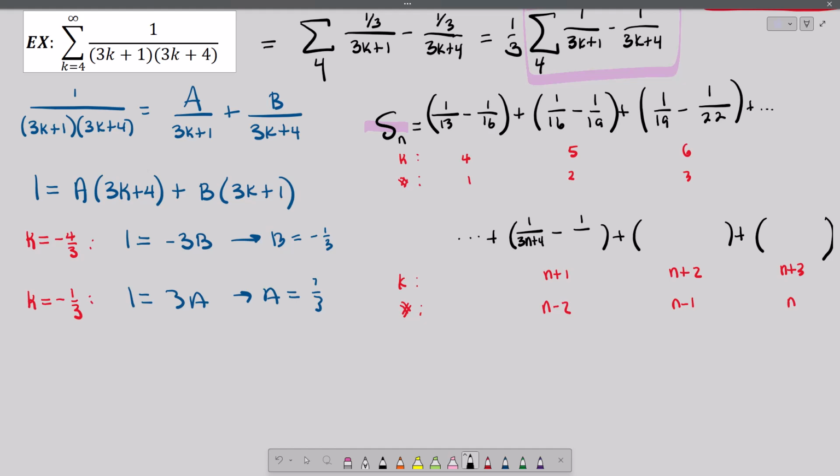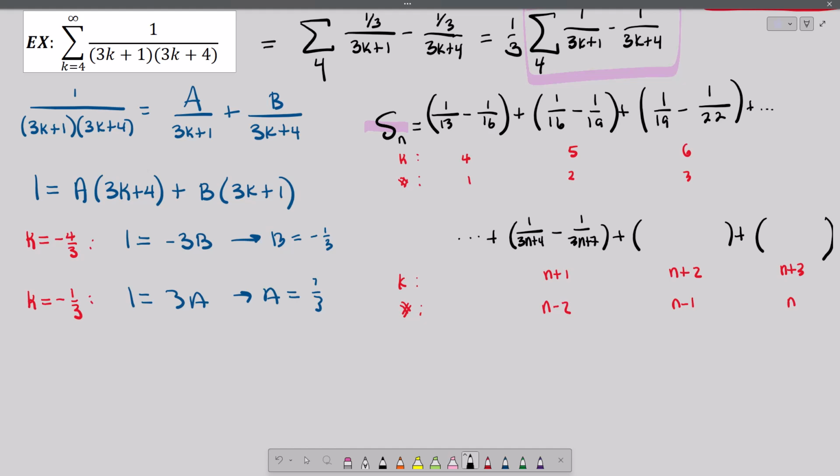And then when we plug in n plus 1 right there, we get 3n plus 7, because the 3 has to distribute. So 3n plus 7. Is everyone following that? If you plug in n plus 1 right there, that's 3n plus 3. You have to distribute the 3. 3n plus 3 plus 4. So 3n plus 7. n plus 2, plug in here.